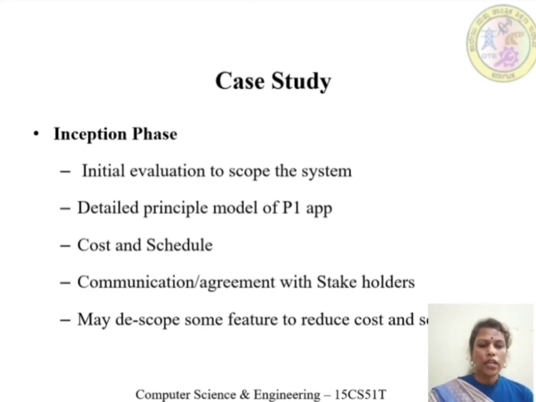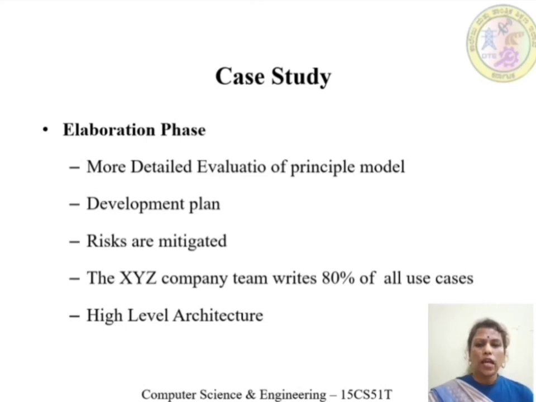Here, stakeholders and team members communicate together in order to decide the final features and functionality of the product P1. Next, in the elaboration phase, more detailed evaluation of the principal model is done.